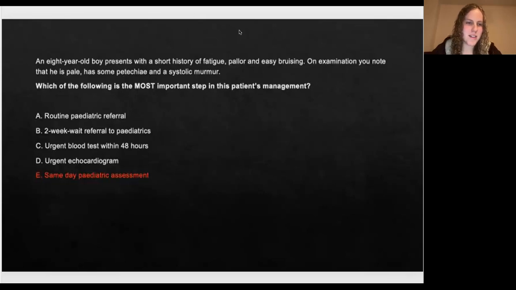Clearly this boy has quite significant symptoms. The fatigue and the pallor suggest a sort of anemia or low red blood cell count. Easy bruising suggests his platelets are low as well. So we're really thinking about leukemia here. And then petechiae.